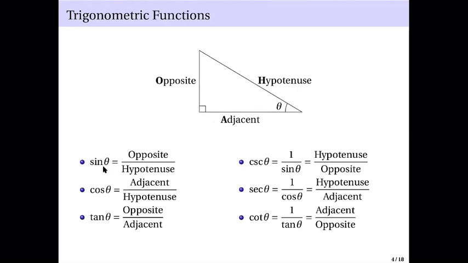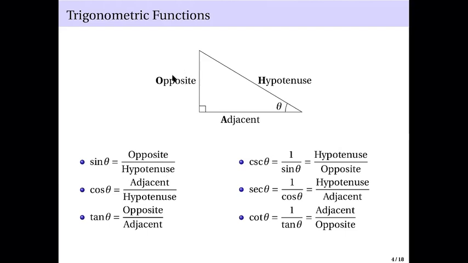We define these 6 trigonometric functions in here. This is the symbol sin theta, but this is read as sine theta. The value of the sine of theta is equal to opposite over the hypotenuse.